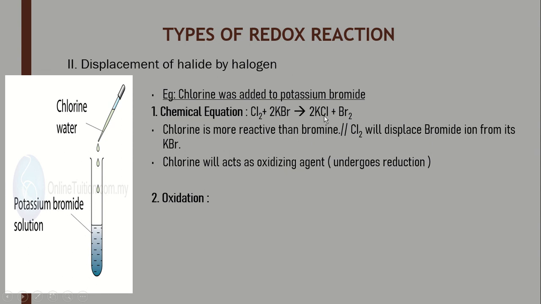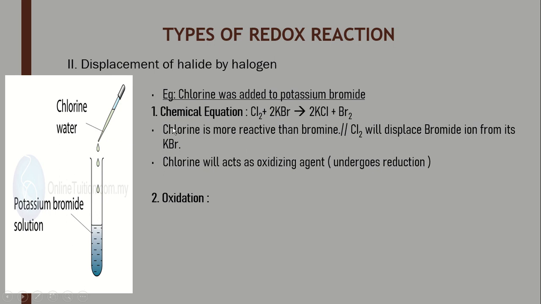The products are potassium chloride plus bromine water. You pecahkan dia punya ion: sini akan ada K+ dengan Br-. Jadi K+ akan pergi ambil Cl- to form KCl. Another Br left here akan jadi Br2, bromine molecule.